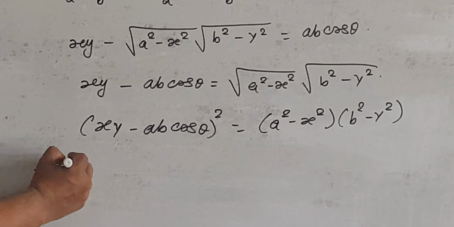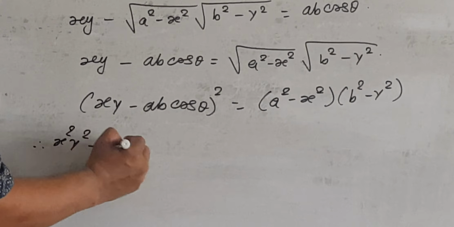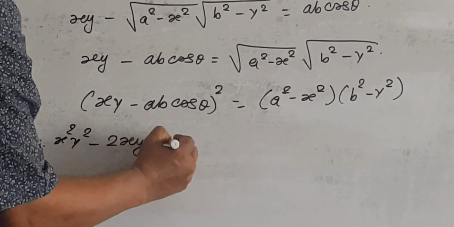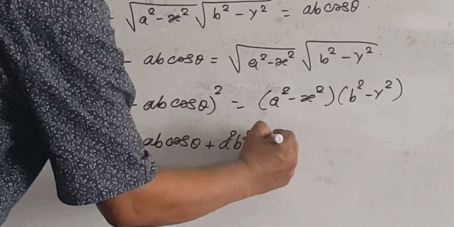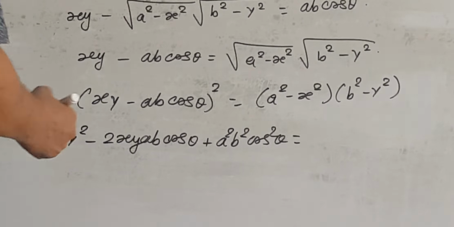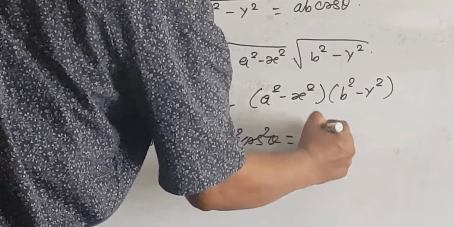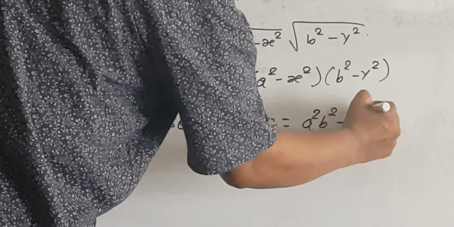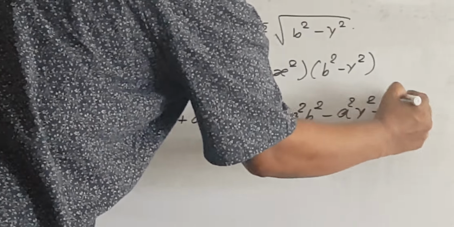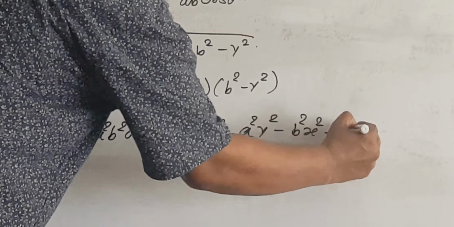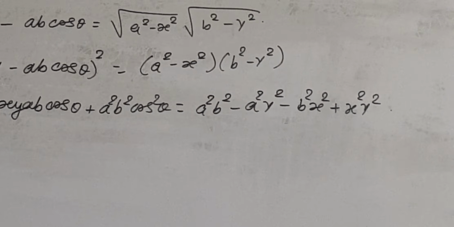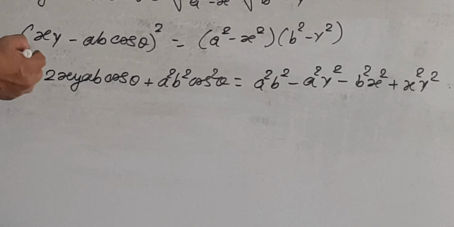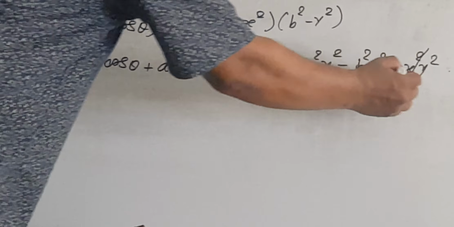So it is x square y square minus 2xyab cos theta plus a square b square cos square theta is equal to a square b square minus a square y square minus b square x square plus x square y square. Is that clear? You can see this x square y square is cancelled on both sides.